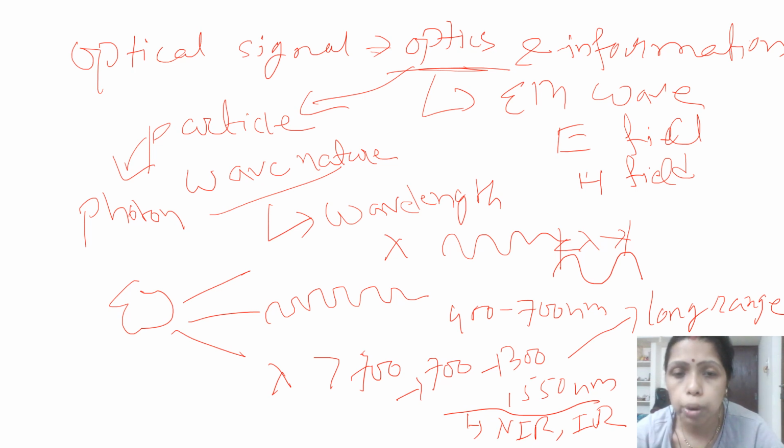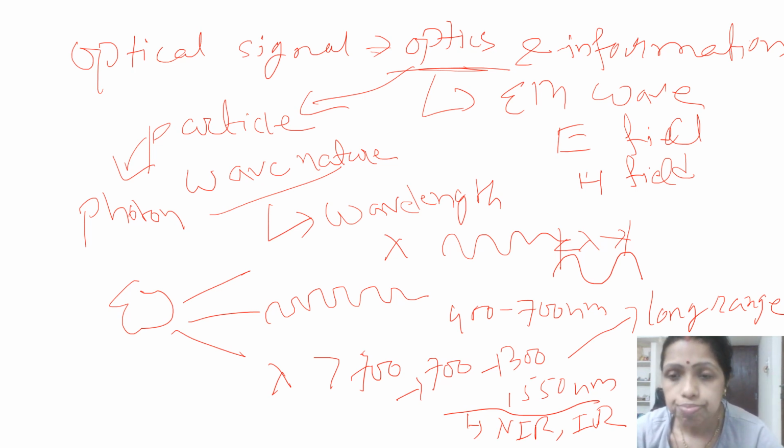It is transmitting like a wave. 400 to 700 nanometer is used for short range communication. Above 700, from 700 to 1300 or 1550 nanometer, is used for near infrared and infrared wavelengths. These are the nature of the electromagnetic wave. Based on the electric field and magnetic field, some nature of the wavelength also changes when it propagates through the optical fiber.